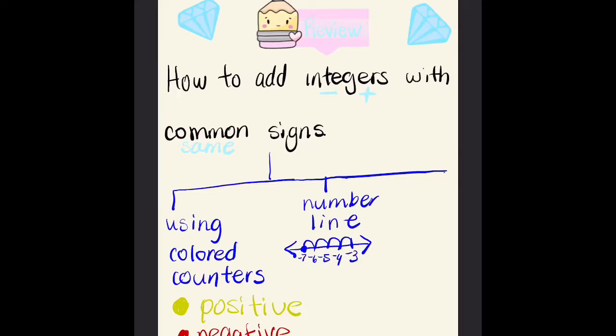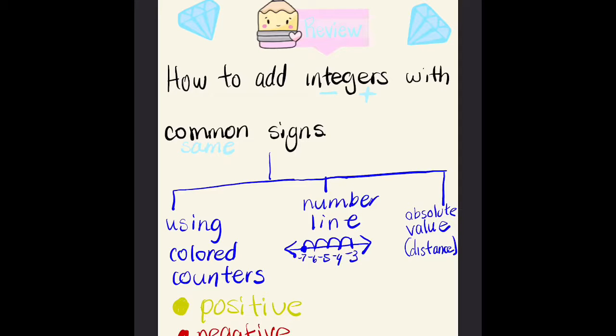And the third strategy we used was finding the absolute value of the integers that we were adding. And we talked about how the absolute value is just the distance, and distance doesn't have a negative or a positive sign.